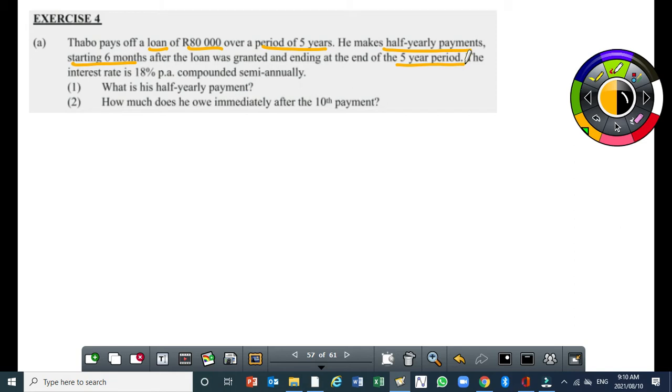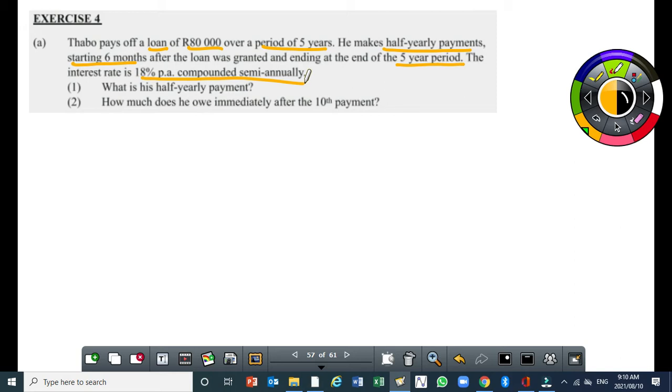All right. Let's get on. The interest rate is 18% per annum, compounded semi-annually, which means 2 times per year. The first question says, what is his half-yearly payment? Which means that's X. How much did he pay, after every 6 months?